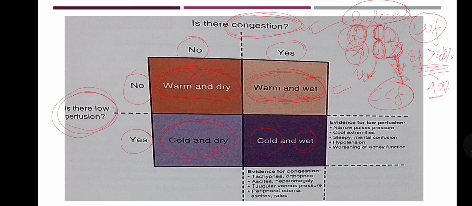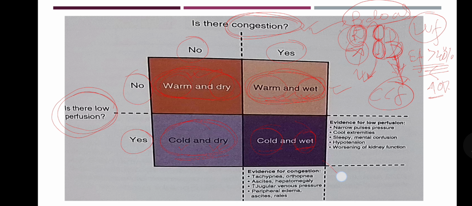In this part, there is a decreased ejection fraction, and also there is right heart failure. So this is the most critical condition. We have to treat this patient seriously, and this is one of the most common conditions we find in our day-to-day practice. So we have to know the treatment according to this chart.